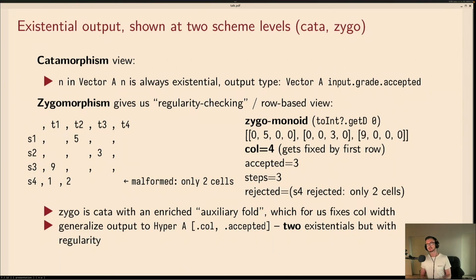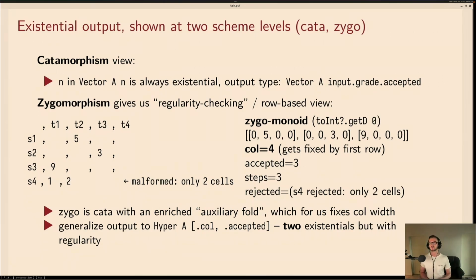In this case, it will see that there are 4 columns, and that peek, or this auxiliary fold, becomes the condition for the later rows that it passes. And in this case, there is a malformed row in your input. So the paramorphism view becomes this row-based parser in which these incorrect parts of your input will become the rejected field.